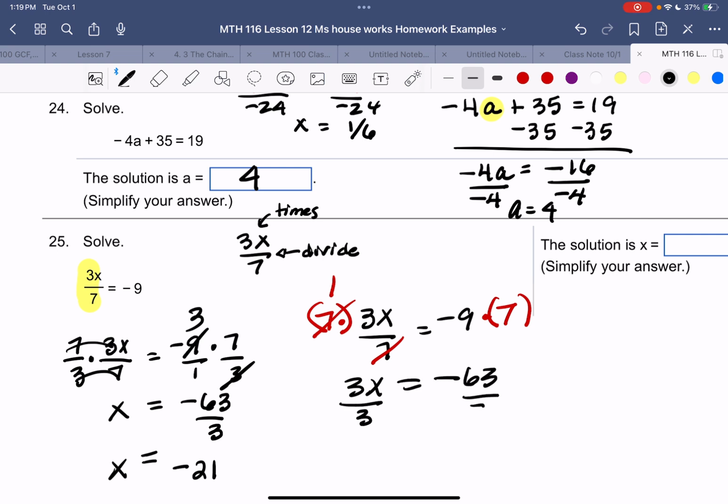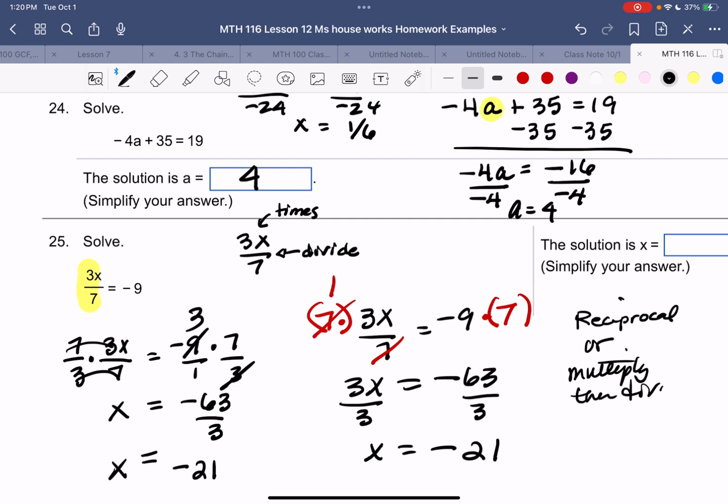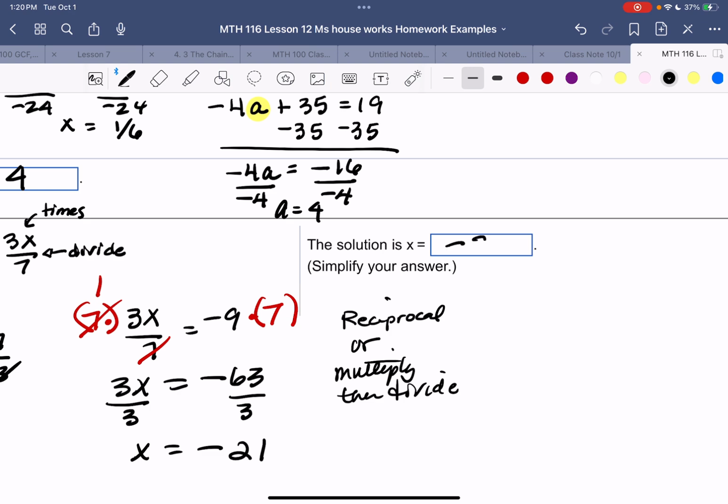I divide by 3. X is negative 21. So when you have a fraction coefficient, you can do the reciprocal or multiply then divide. You can do it in either order. So our final answer for this one was negative 21.